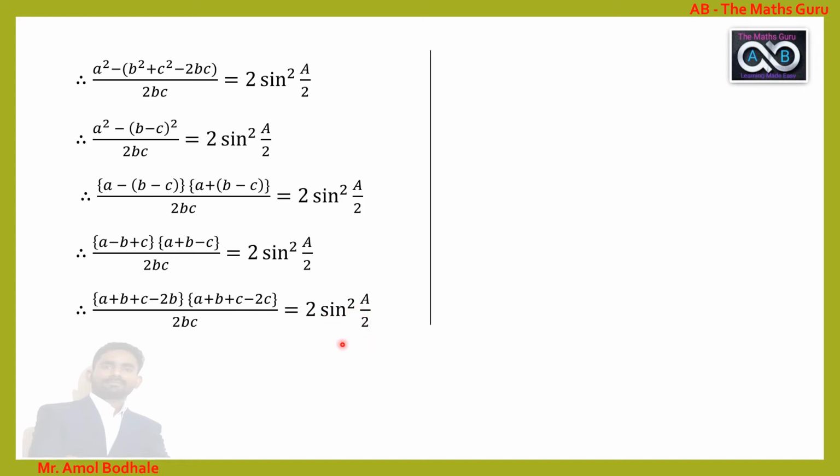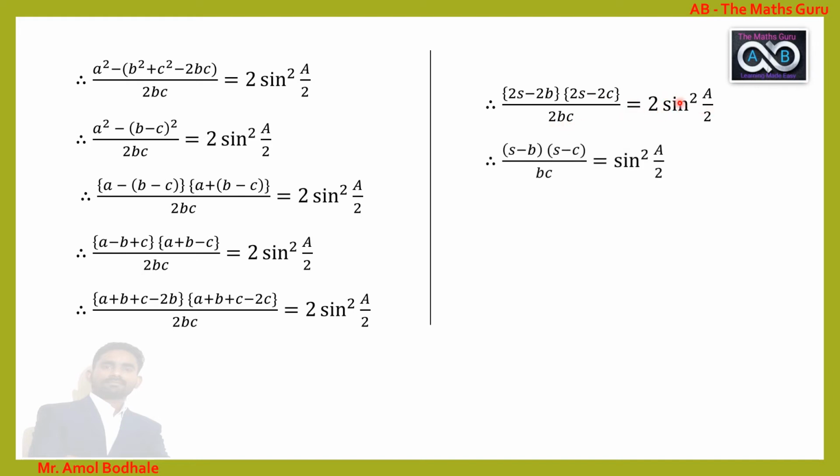So here this a plus b plus c is exactly twice s, and 2b as it is. Similarly, a plus b plus c is 2s minus 2c upon 2bc is equal to 2 sine square A by 2. So here we can take 2 common from the first term as well as the second term. The 2 from the first term will be cancelled with the denominator and the 2 common from the second term will be cancelled with the RHS.